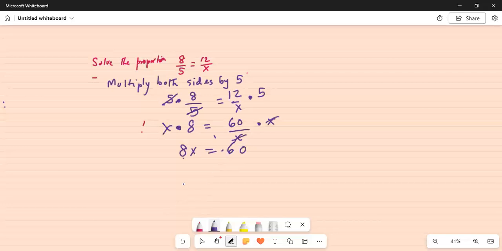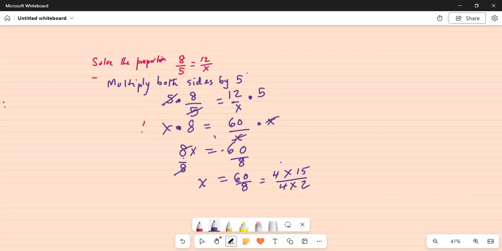Okay, now I have to solve for x. 8 times x. What is the opposite of times or multiplication? Division. So now 8 and 8 cancel on the left-hand side. So x is equal to 60 divided by 8, which can be simplified further because we know 4 times 15 is 60 and 4 times 2 is 8.